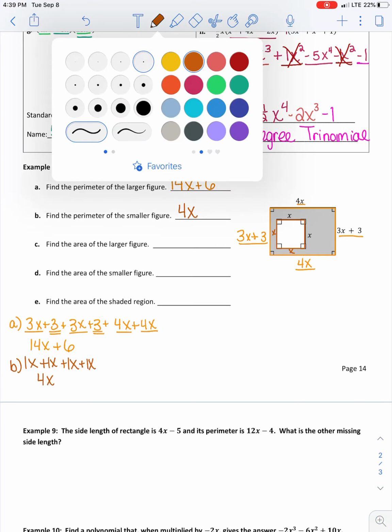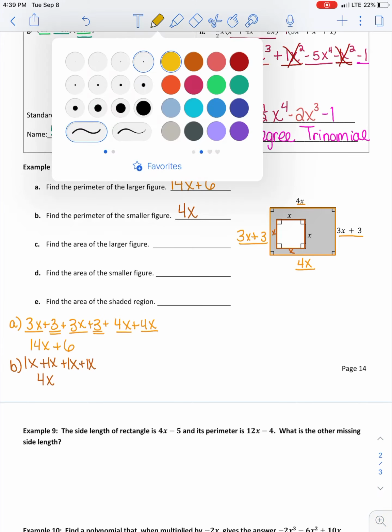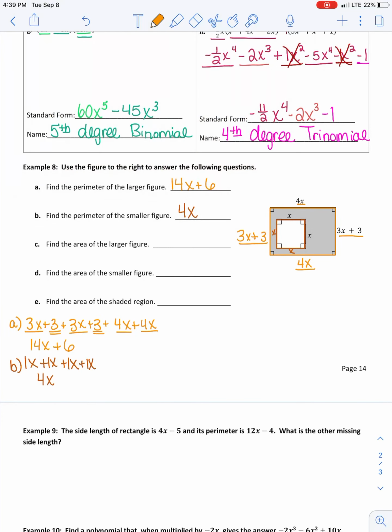So then it asks in part C for the area of the larger figure. So we're back to this orange figure. We want to find the area, which means we are going to have to take length times width, because the area of a rectangle or a square is always going to be length times width.